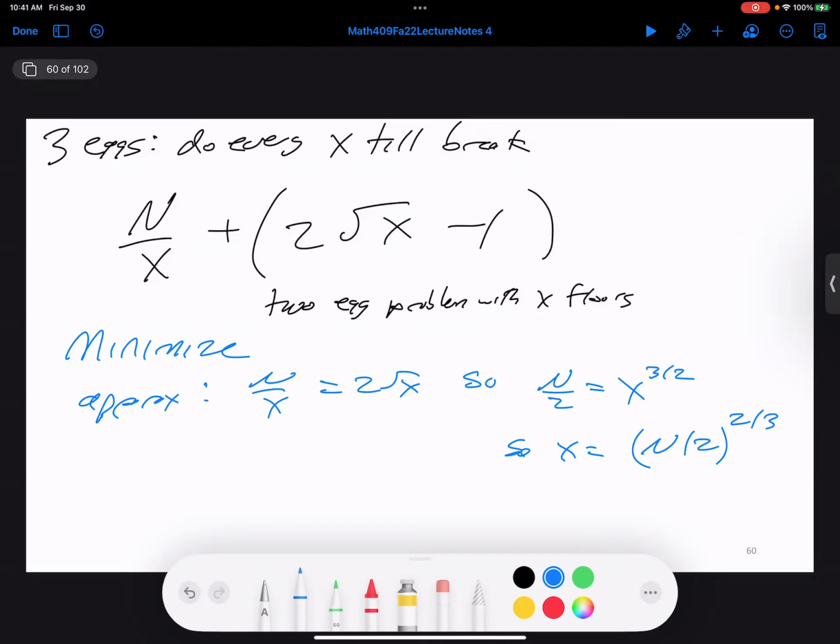If it's n to the 2/3, maybe I should view the square root of n as n to the 1/2. If I had 4 eggs, what might you guess for the exponent? X to the n to the what? 3/4. Maybe n to the 3/4. So we're beginning to even make conjectures.